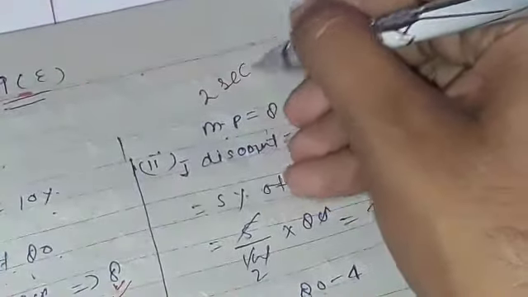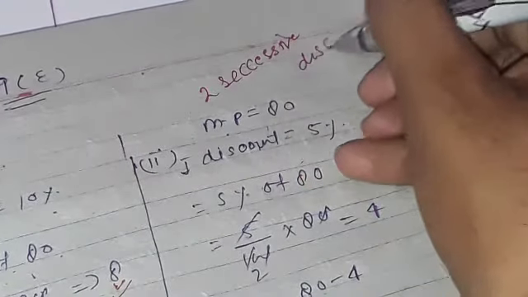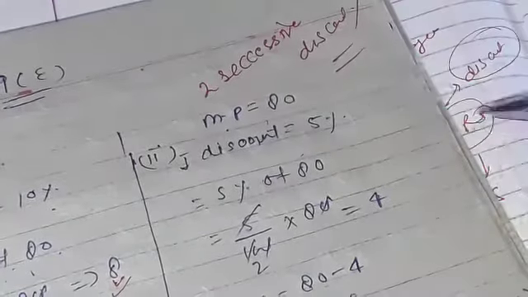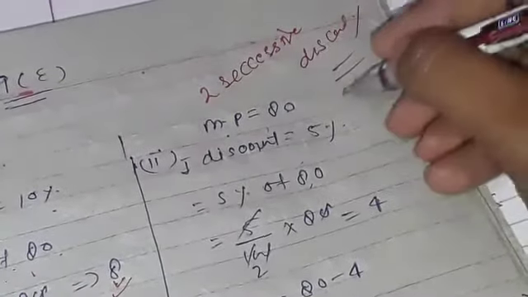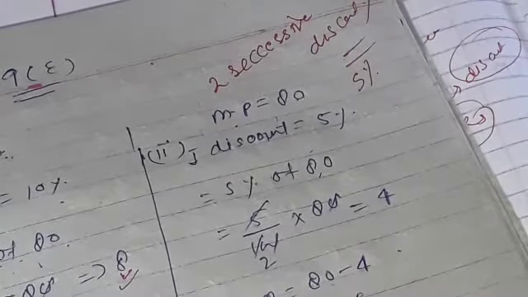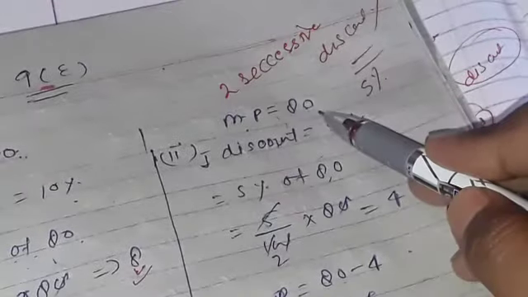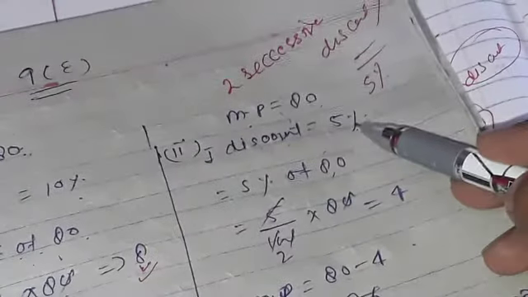Now class, it's very important, 2 successive discounts. 2 successive discounts means, class, first they gave you 5% discount, then whatever is your selling price, again they give you a discount. So this time your marked price is 80, so the first discount is 5%.